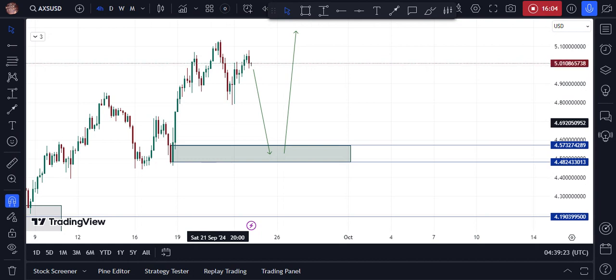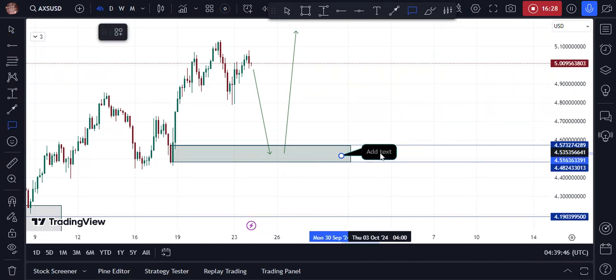You can imagine that. When I say 30x or 20x or 5x, people don't actually understand this. What I mean is, if you are investing $1 in this coin when price enters the buy zone, let me mark this as the buy zone.